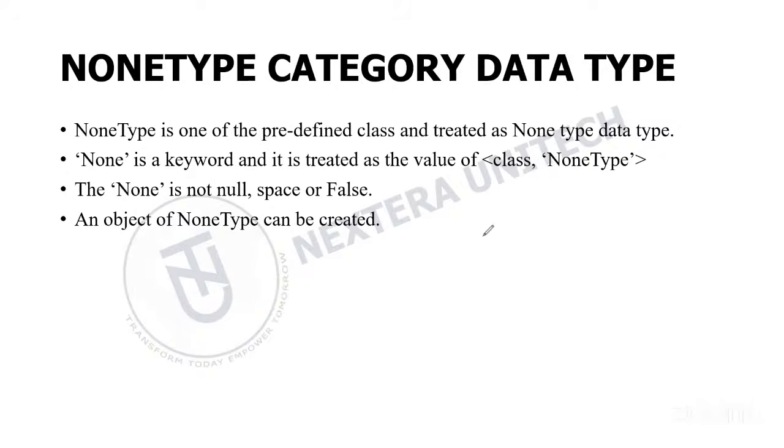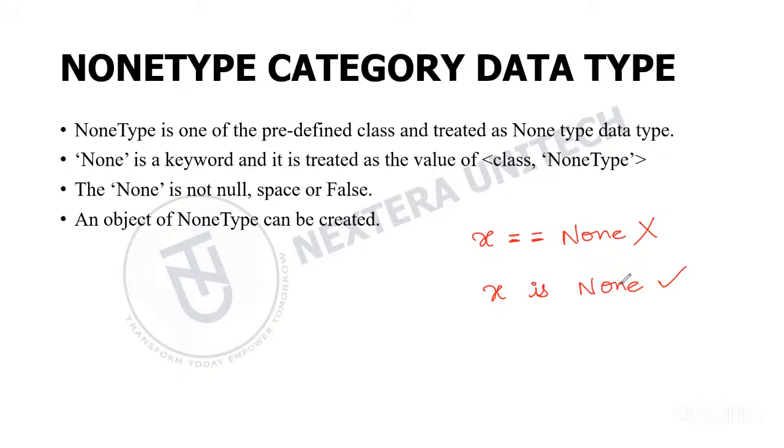So when I try to compare a variable with None, how do we compare? Basically, I want to compare x with None. You should never do it with the equality operator. Instead, you should do x is None, because None is a singleton value. It is a single value stored in some location.